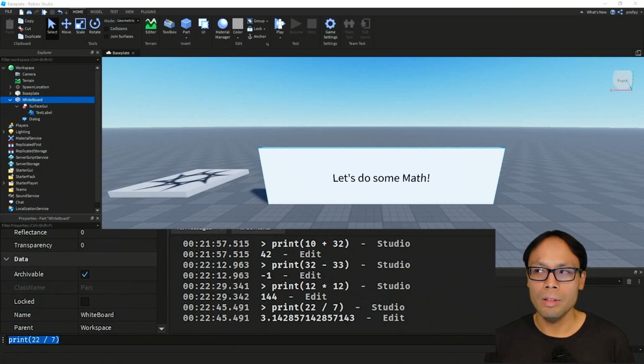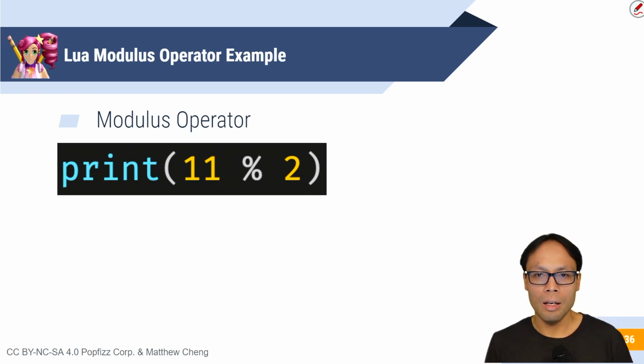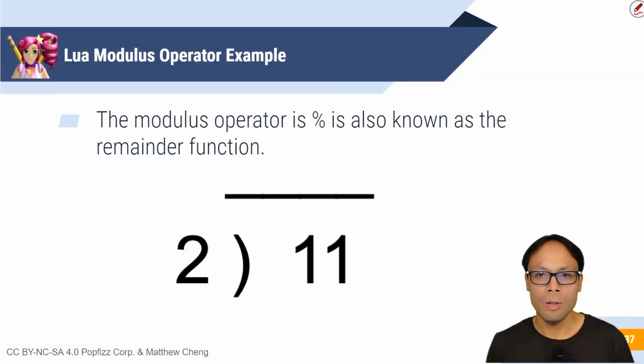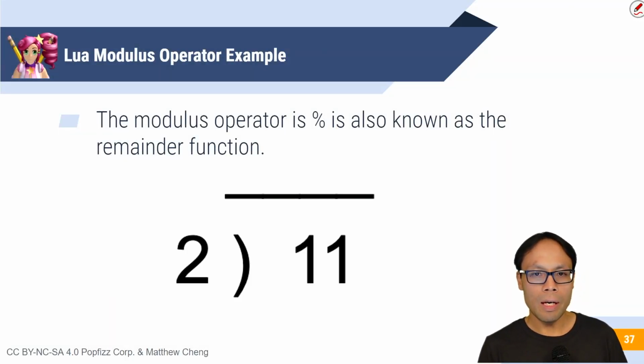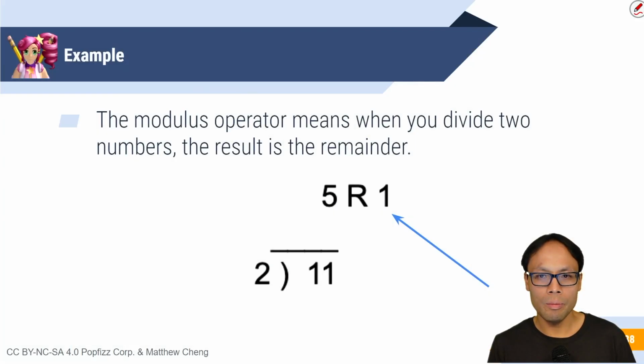All right, now next up, let's take a look at the modulus operator. So let's look at 11, and how we call it is 11 mod 2. So if you think back on division, let's say we have 11 divided by 2. This may look a little bit familiar to you from when you were doing math a long time ago. At a certain point when you're dividing, your teachers would tell you about the remainder.